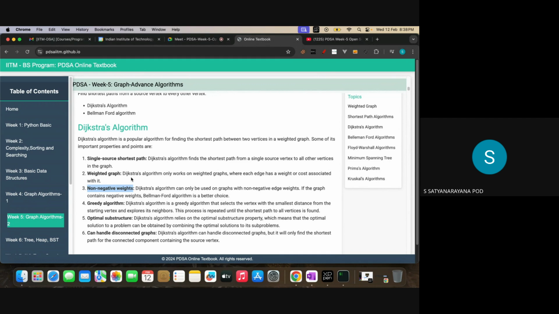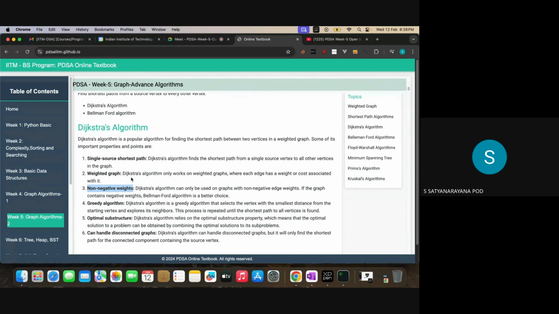They order huge quantities from us and we deliver, but after the expiry date they return them to us. So the product is expired, and it gives you a loss instead of profit. Is it right? So that is called non-negative weights.